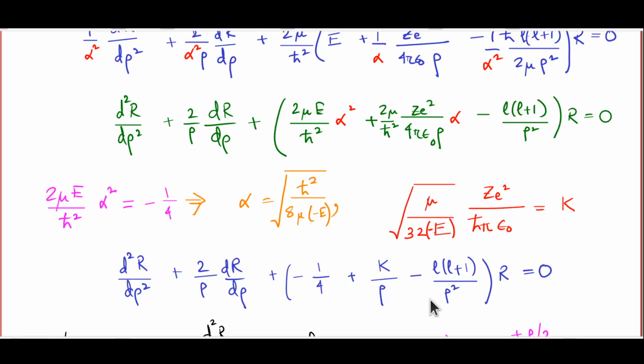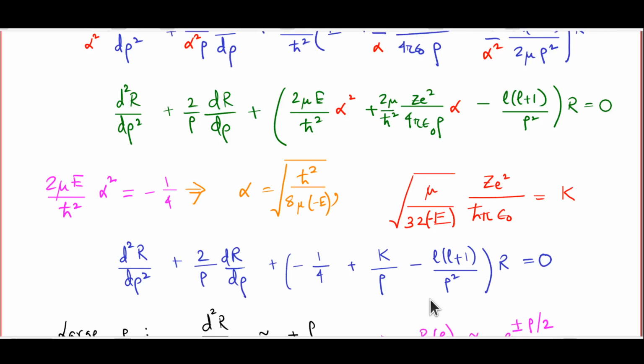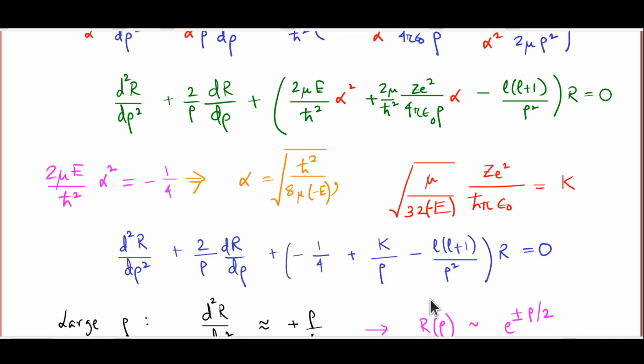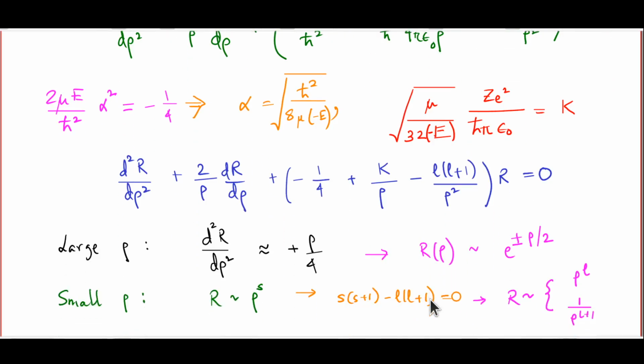So following the dictum of know your enemy a bit better, we now first investigate what happens to the behavior when rho is very, very large. And of course, when rho is very large, the 2 by rho dR d rho, K by rho, L into L plus 1 by rho square, all these terms drop out.